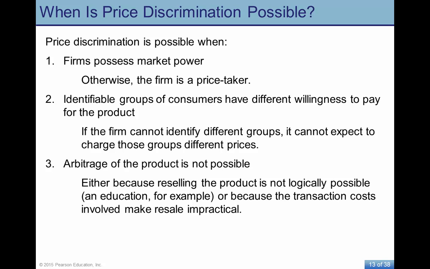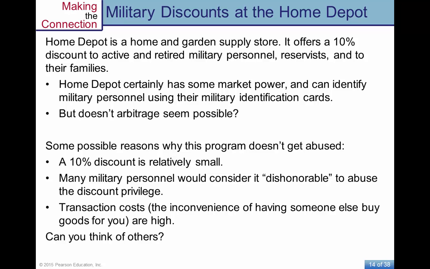If the firm cannot identify different groups, it cannot expect to charge those groups different prices. Arbitrage of the product must not be possible, either because reselling the product is not logistically possible, as for example with education, or because the transaction costs involved make resale impractical.